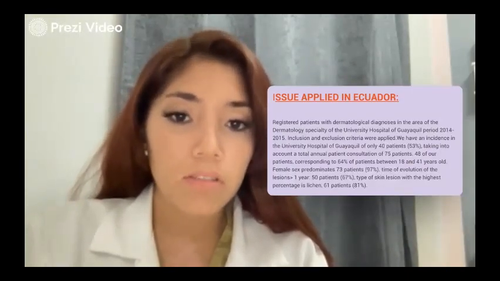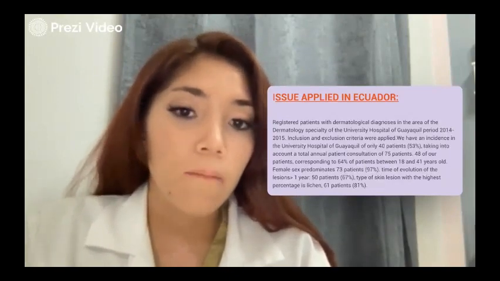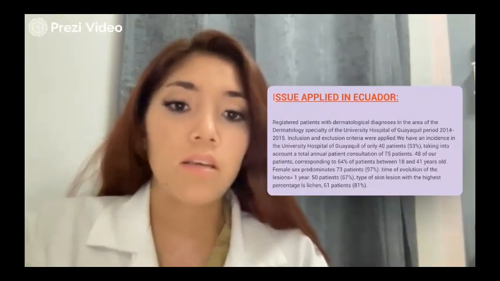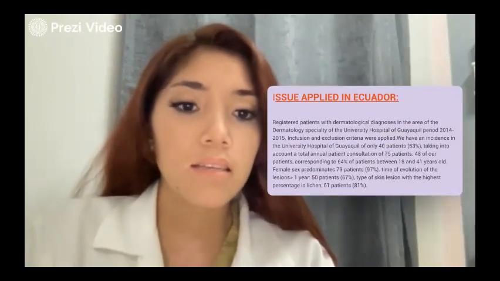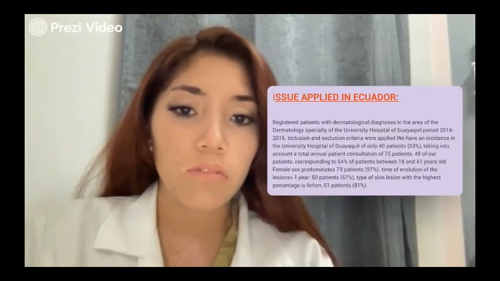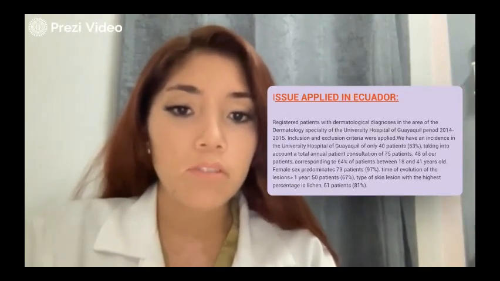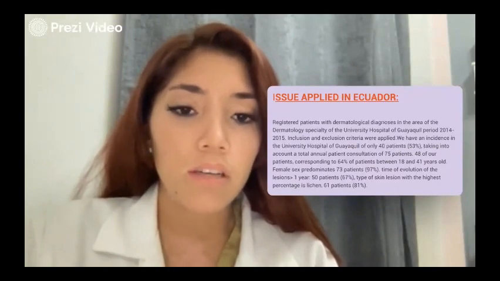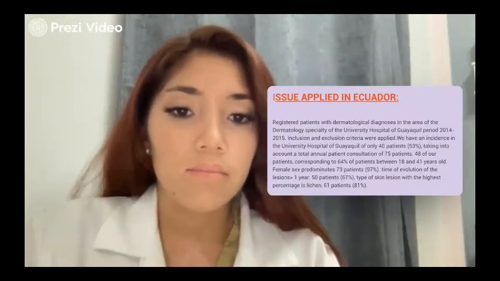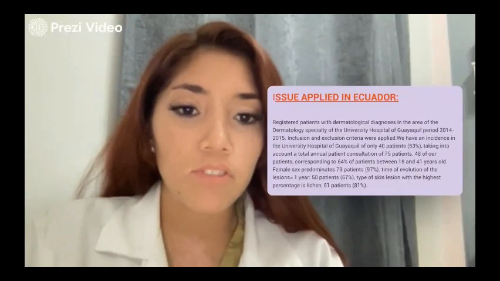48 of our patients, corresponding to 64%, were between 80 and 41 years old. Female sex predominated, 73 patients, which is 97%.